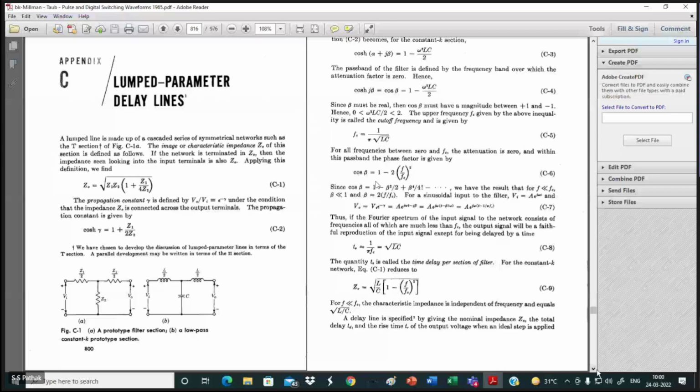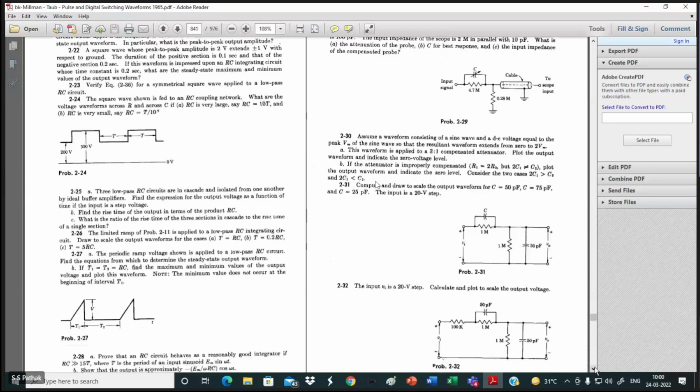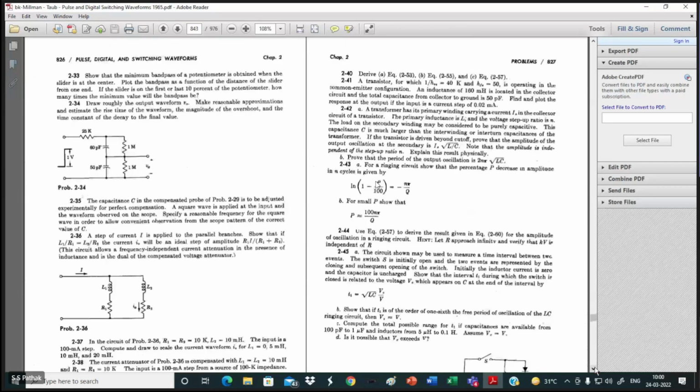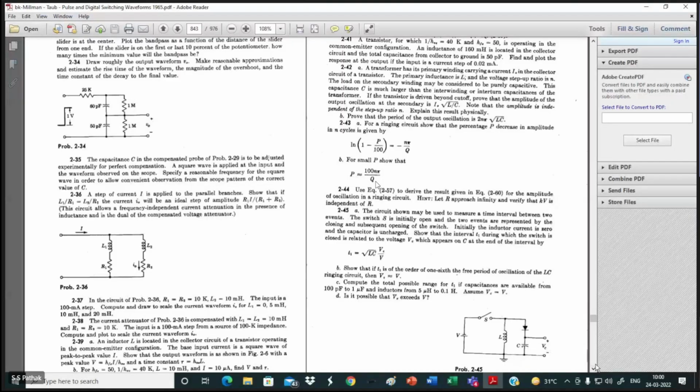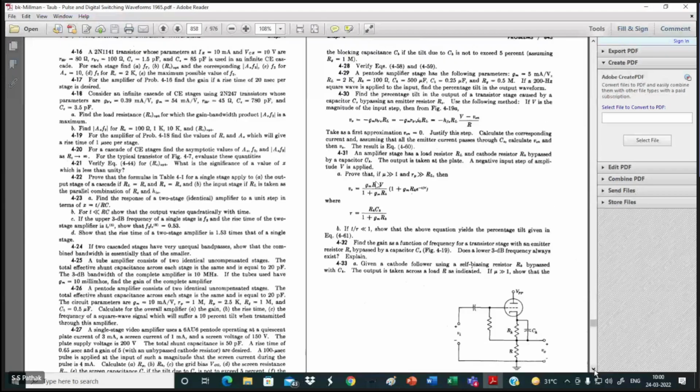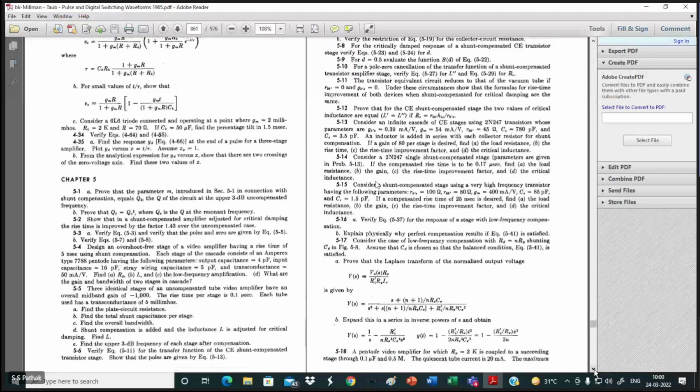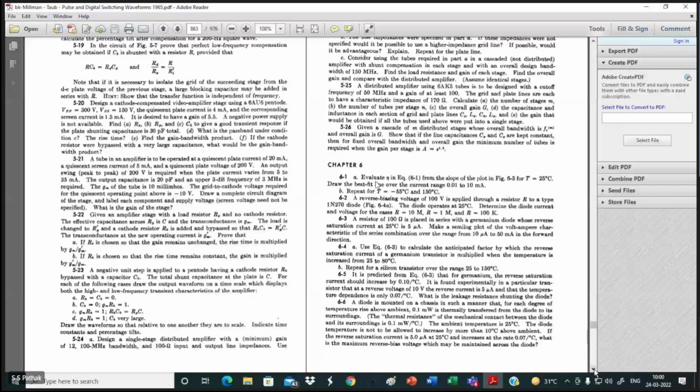The equation is written somewhere here. I cannot move this window. Anyway, I'll do it tomorrow.